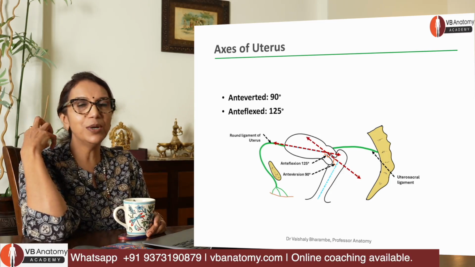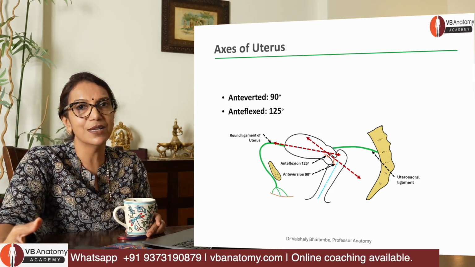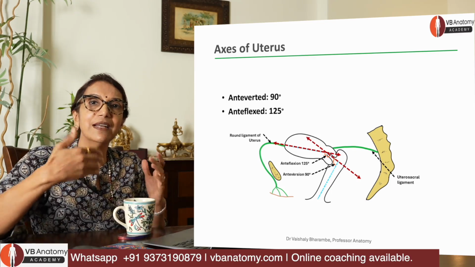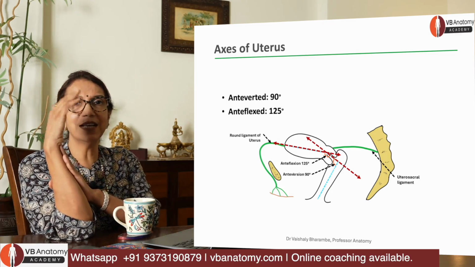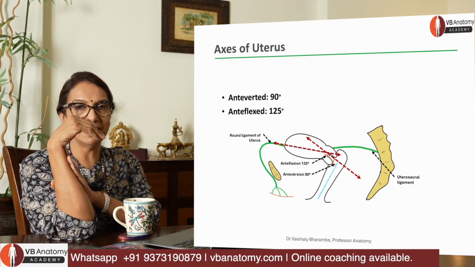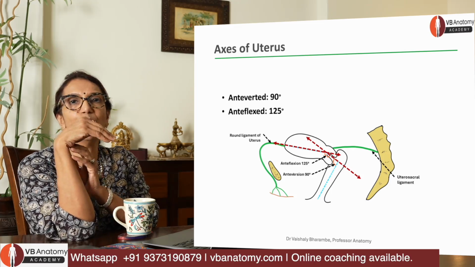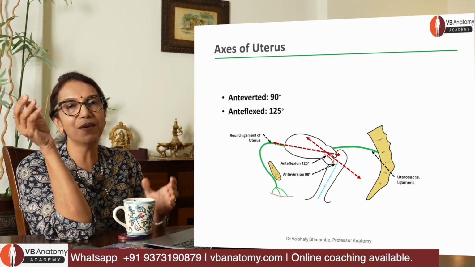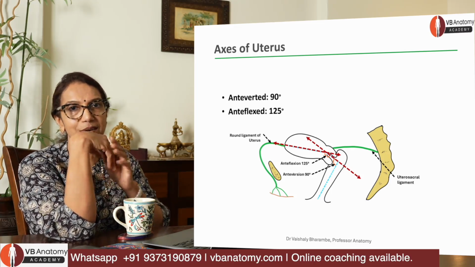Your brain is noting all of this. Your brain just doesn't learn with the help of words. Your brain learns with every activity you do. So if you're using your hand, this is the vagina, this is the cervix, and this is the uterus, you are not going to forget the angles, because the angles are automatically 90 degrees, 125 degrees. I doubt if you can increase this 90 degrees to too much more, right?